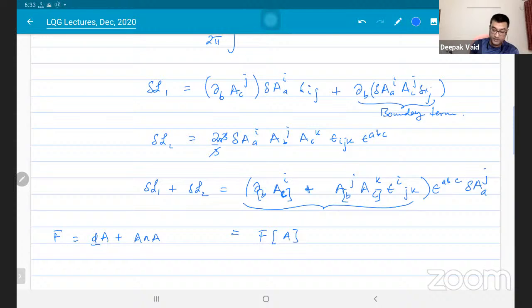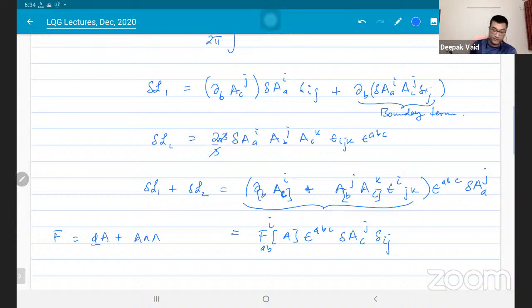So you get FA, and this FA will have some indices, let's say AB, and it will have one Lie algebra index, and you'll get something like this, delta ACJ, delta I.